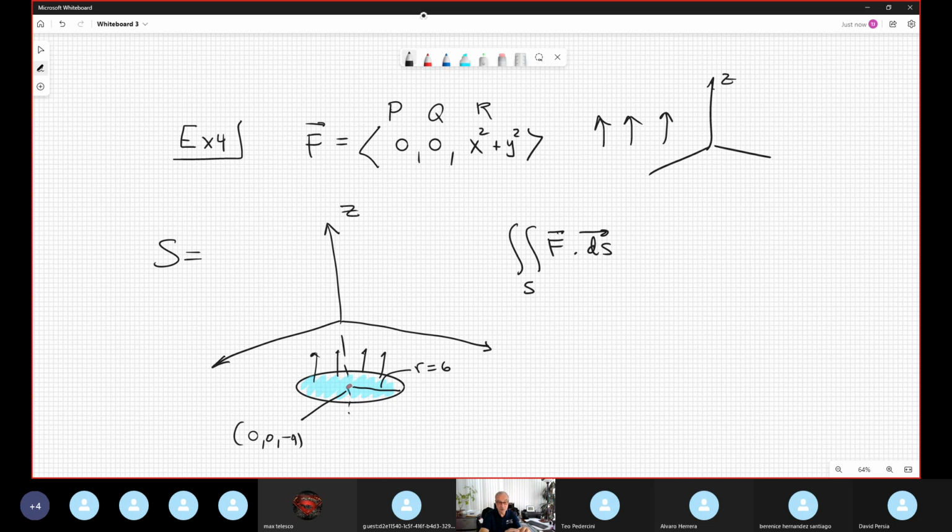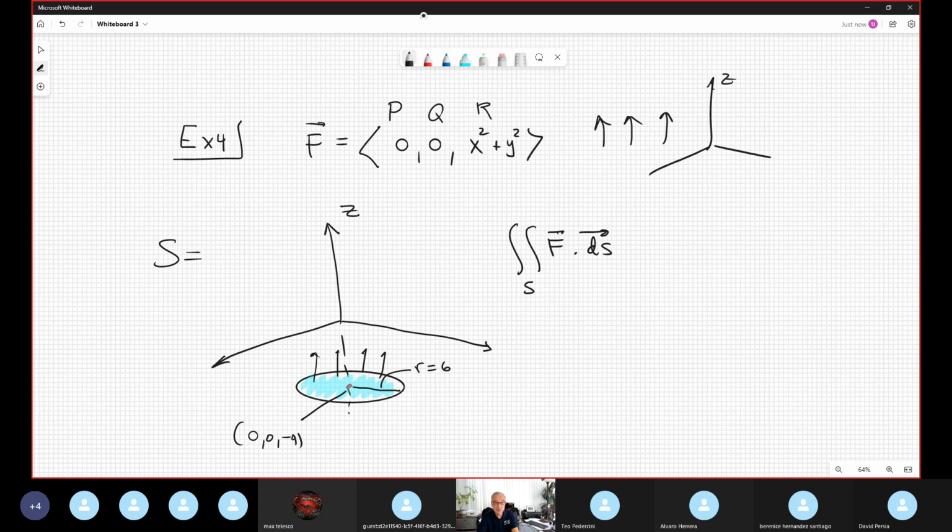So the flux depends on three things. Depending on the vector field. Depending on the surface, because if you have a big surface, we have more flux, no? Because of the amount of vector field crossing. And depending on the orientation, or basically the angle in between. Because if it's perpendicular, no flux, you know.